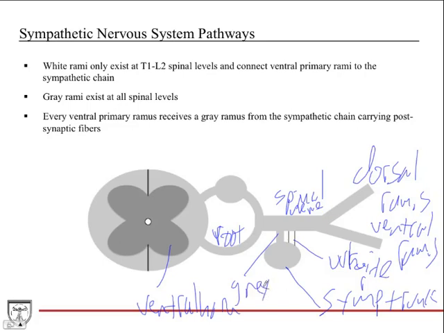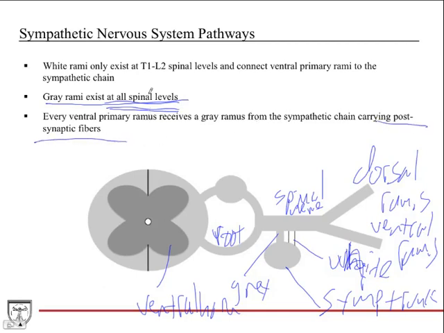Now, let's talk about these. So that's just horrible handwriting. So that's white, excuse that, white ramus, gray ramus, okay? So gray rami, they exist at all spinal levels, okay? So cervical all the way through sacral, there's always a gray rami. And what's traveling through every gray rami is, key here, a postsynaptic fiber.